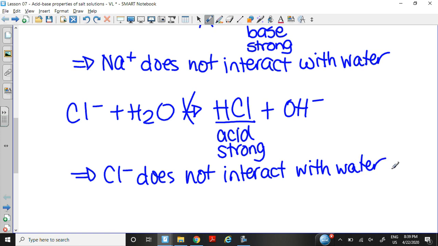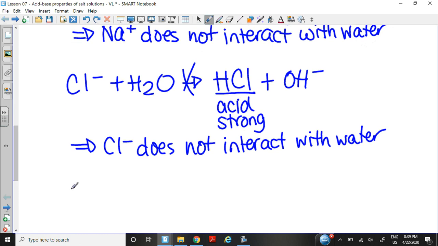Now, in this scenario, neither ion interacts with water. If neither ion interacts with water, then we can say that this salt, the sodium chloride, is neutral. It has a neutral solution with a pH of 7.